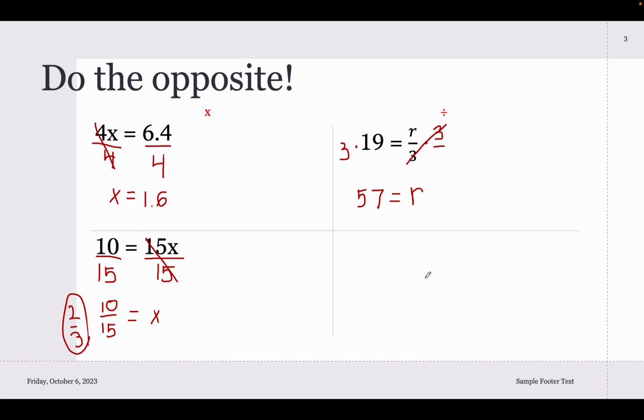There we go. And the last problem that I have for you today, x over 4 equals -9. If I have a divide by 4, I need to multiply by 4 in order to get rid of it. That will get rid of the 4 on this side and get x all by itself. That's what I want.